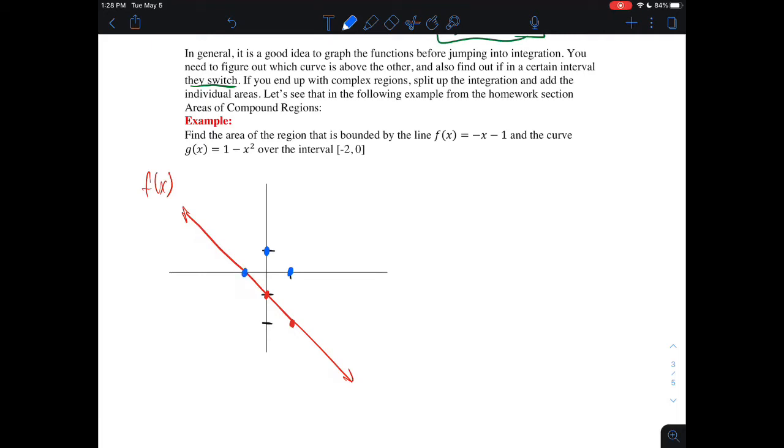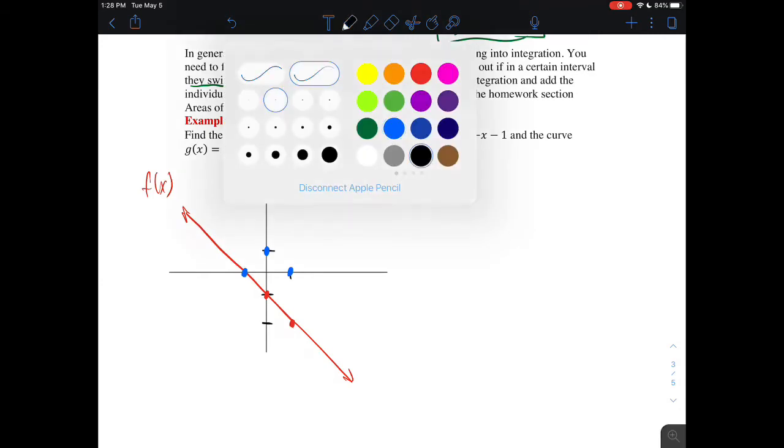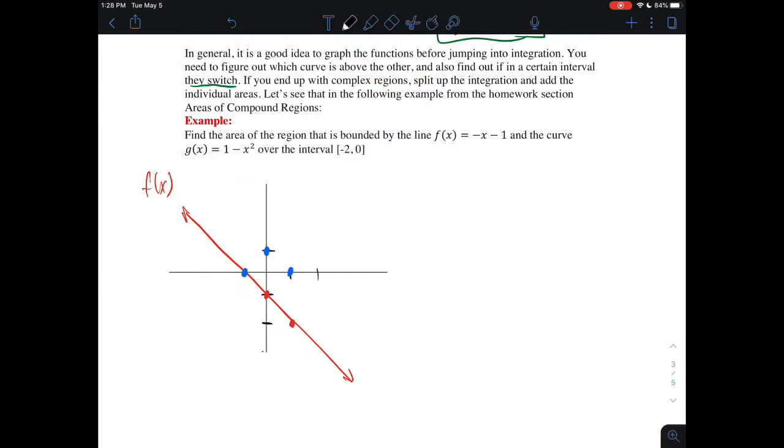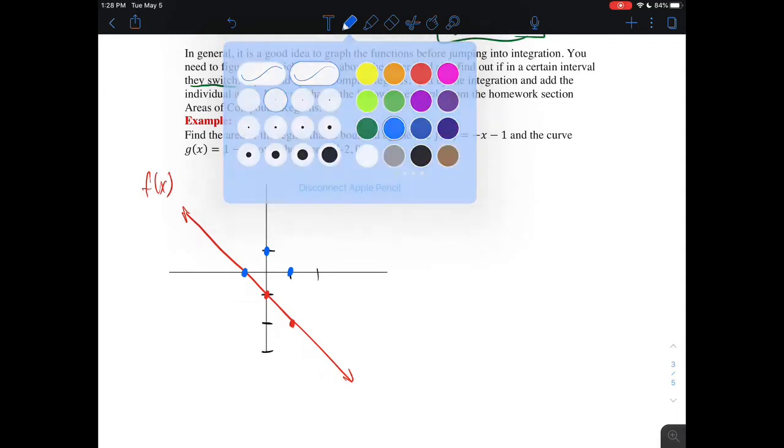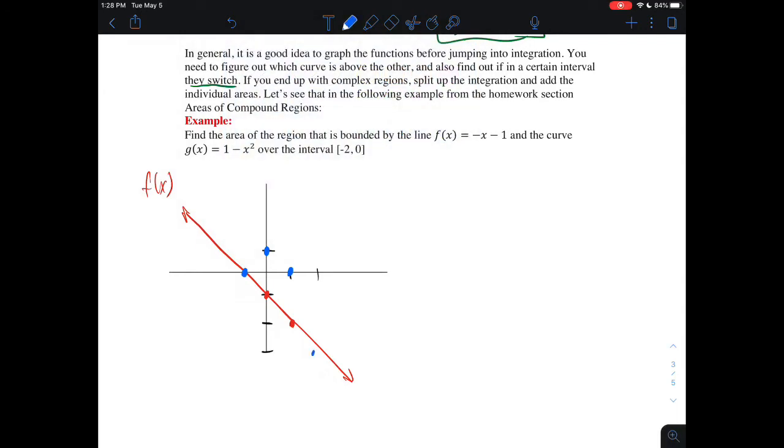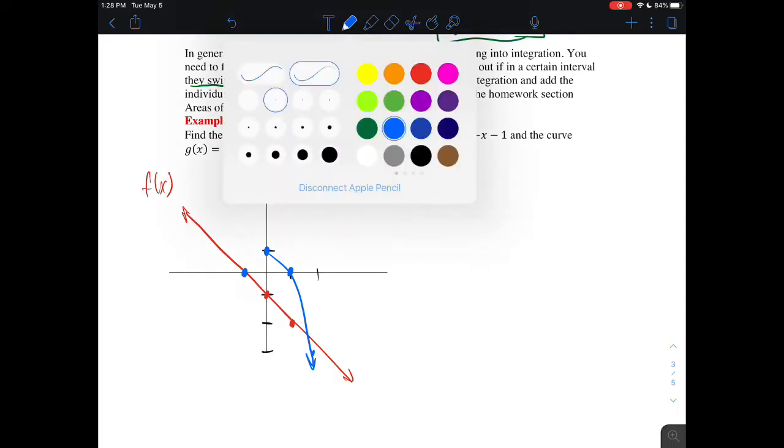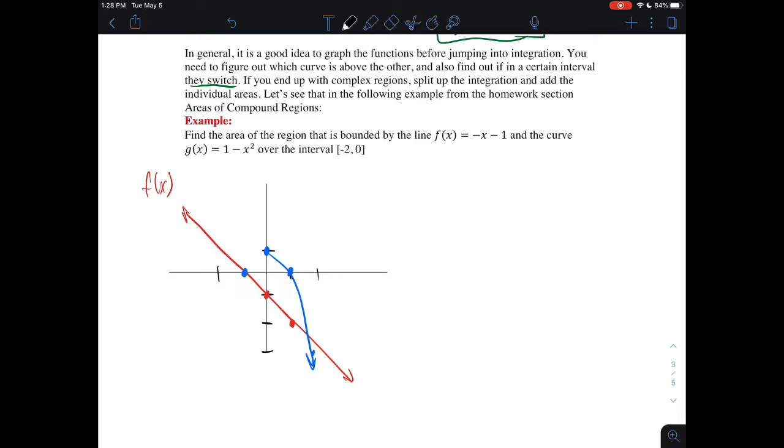And then if I just go out a little bit more, if I plug in 2 into g of x, I would get 1 minus 4, which is negative 3. So a point down here. And then if I plug in negative 2, then I would also get negative 3. So there's my graph of g of x.